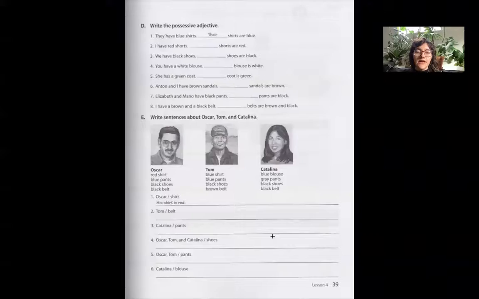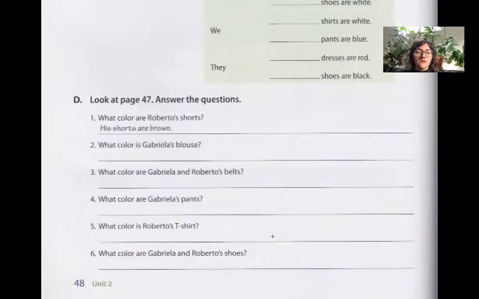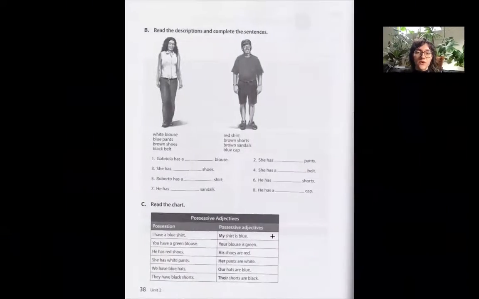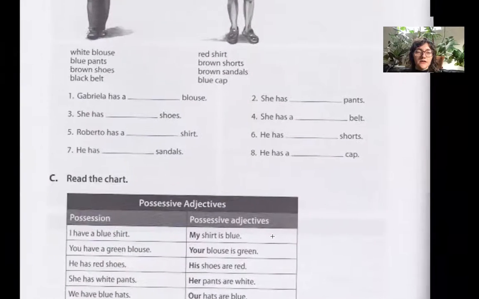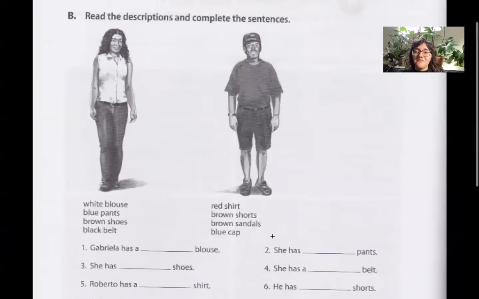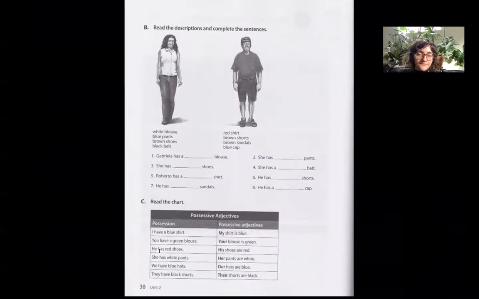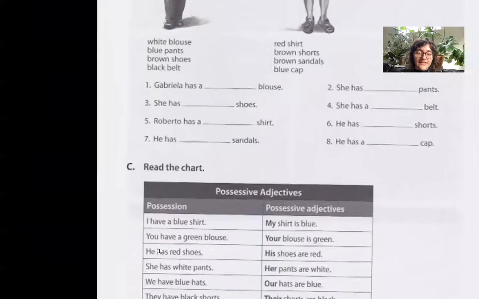Okay, so let's keep going. This one we kind of did already. Read the descriptions. Gabriella has a white blouse. She has brown shoes. And we can say things differently.